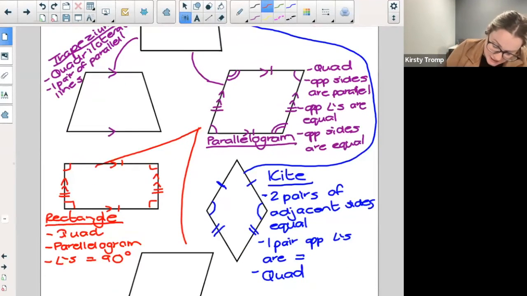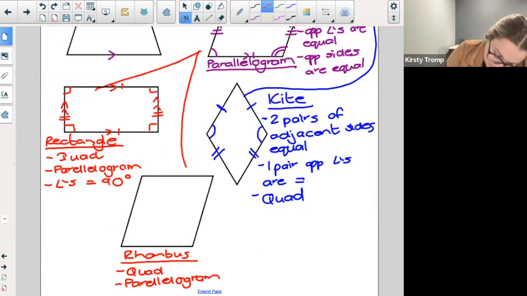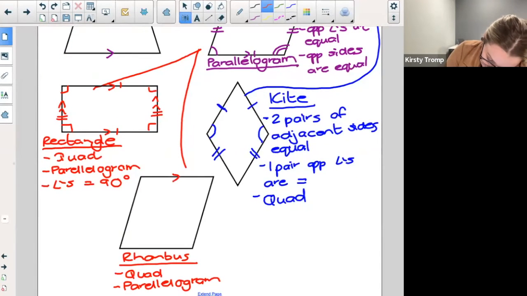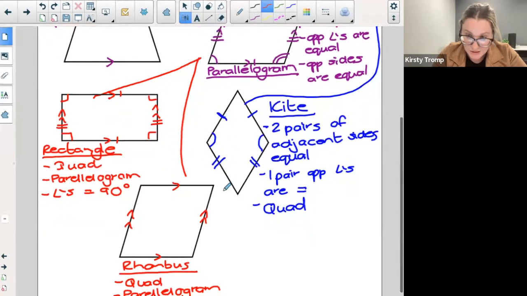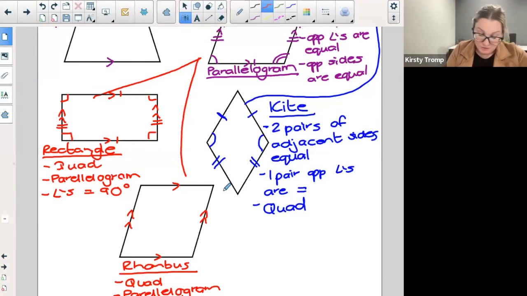The opposite sides are parallel. So in a rhombus, this side is parallel to this side, and this side is parallel to that side. Again, because a rhombus is also a parallelogram, the opposite angles are equal.